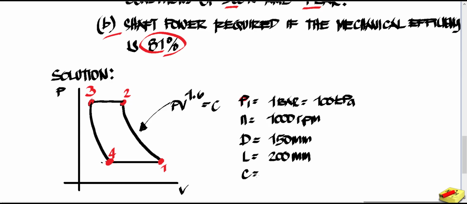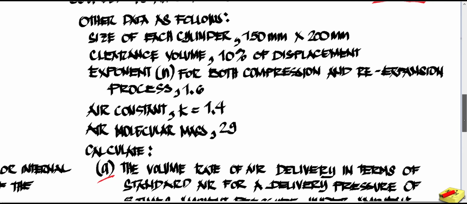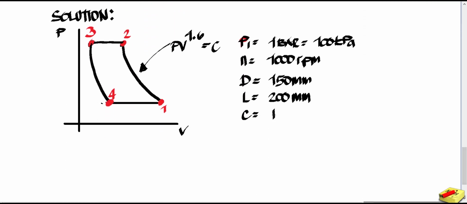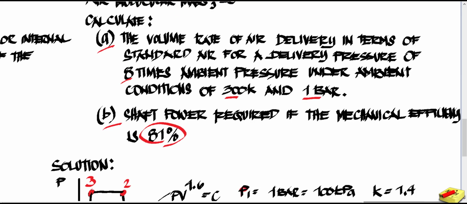Also, we have the given clearance, that will be 10% of the displacement. So we have here 10%. Also, we have the value of your K, which is 1.4. Reviewing that, for our P2, it is stated that the standard air for delivery, when we say delivery, that will be the discharge of the compressor.